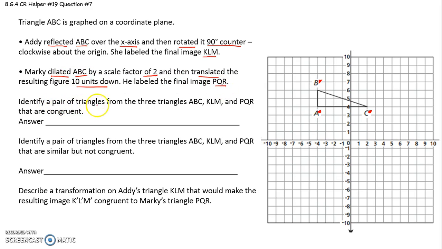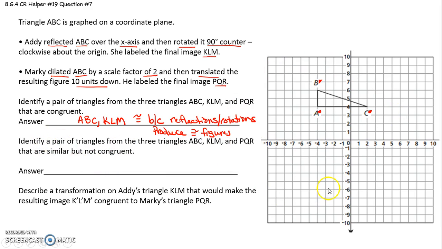So it says identify the pair of triangles from the three ABC, KLM, PQR that are congruent. Well, I'm going to tell you ABC and KLM will be congruent because reflections and rotations produce congruent figures.